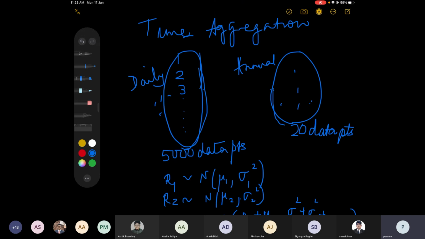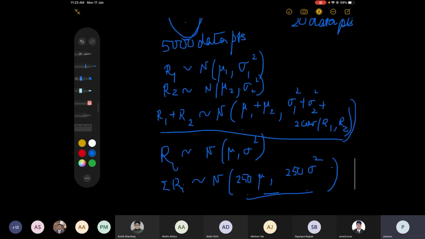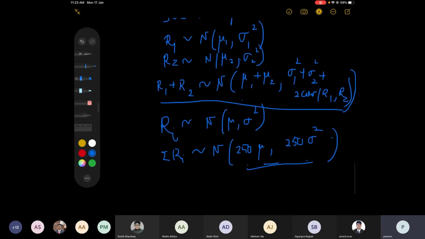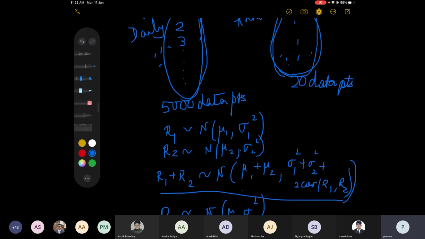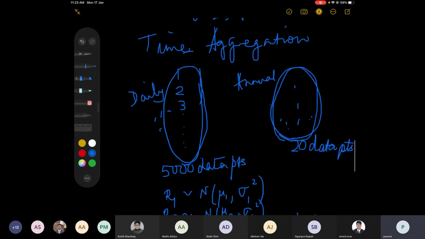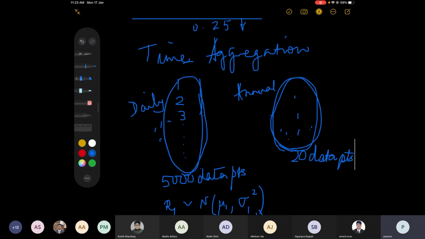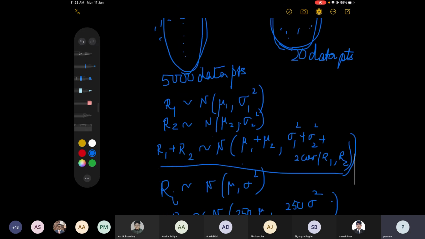The problem there is you have only 20 data points, and maximum likelihood estimation is better as you have more and more data points. So in this, the number of data points actually reduces. Whereas when we are with normal distribution, we don't lose the information that we had earlier. So that is the benefit of using a normal distribution, because it helps us to do a time aggregation.